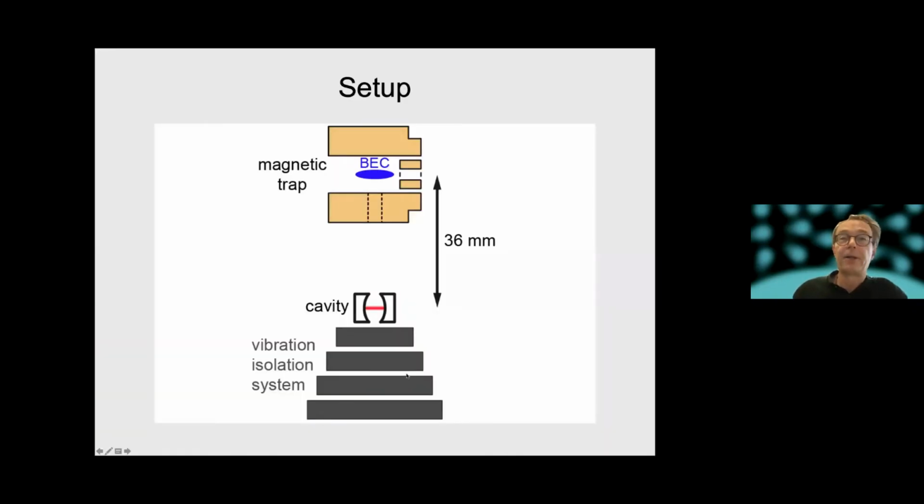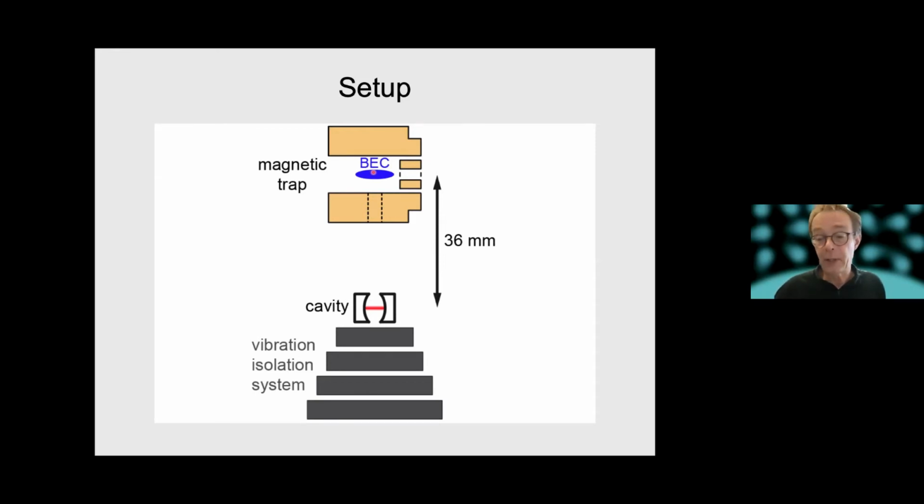And now, how is the cavity inside the experiment? That is shown here. What we have is a magnetic trap, and then a magneto-optical trap. Then we transport into a region where we create a Bose-Einstein condensate.